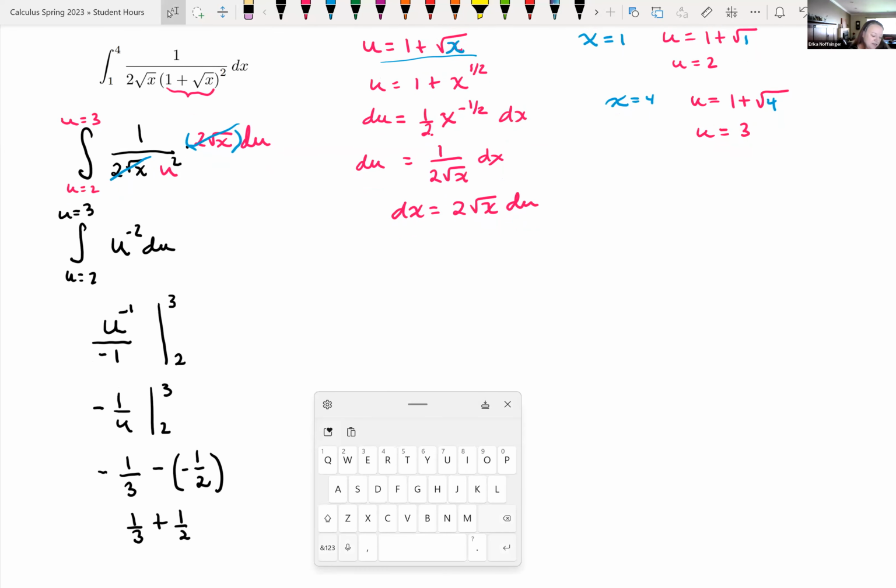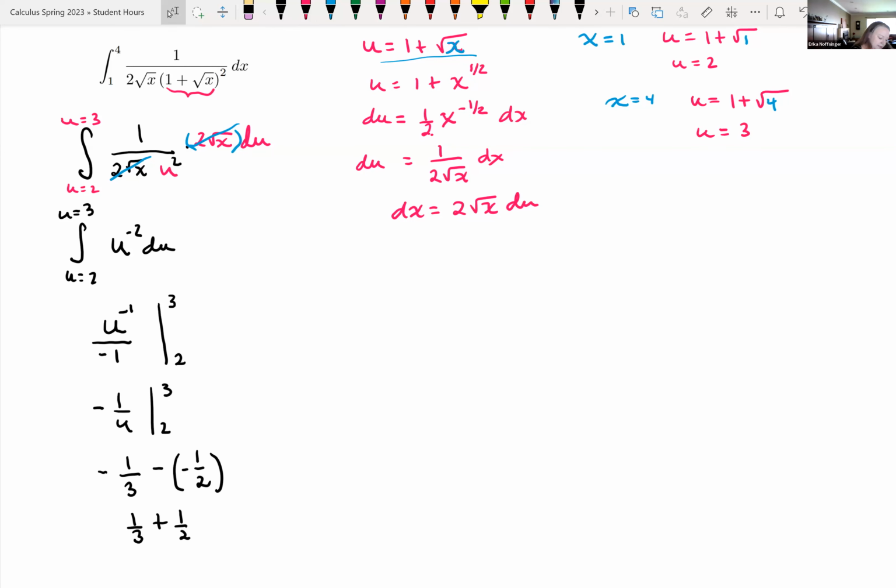So I have 2/6 plus 3/6, which gives me back 5/6. Oops, except I dropped off my negative. So it's actually negative 2/6 plus 3/6, which is 1/6.